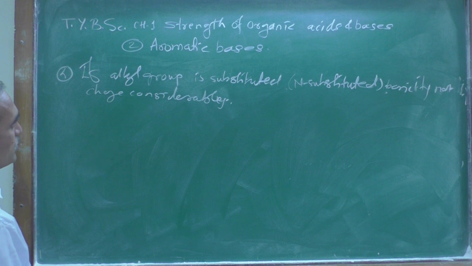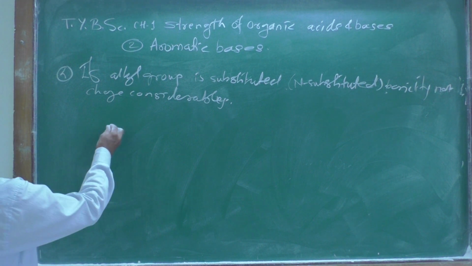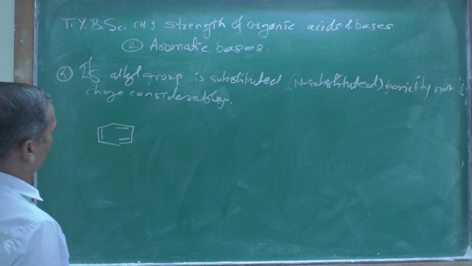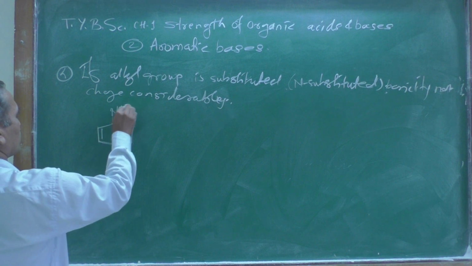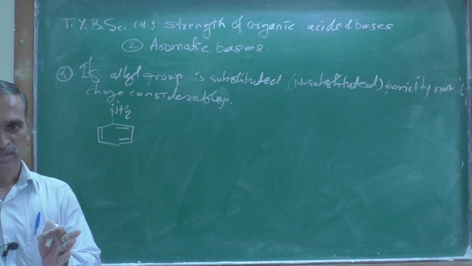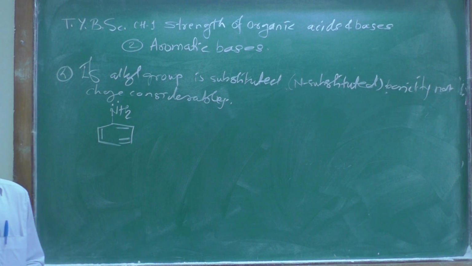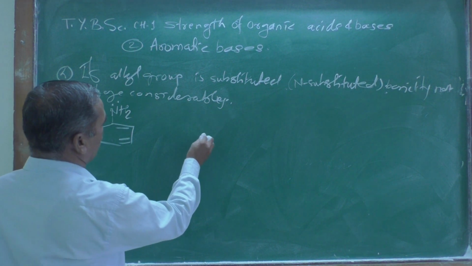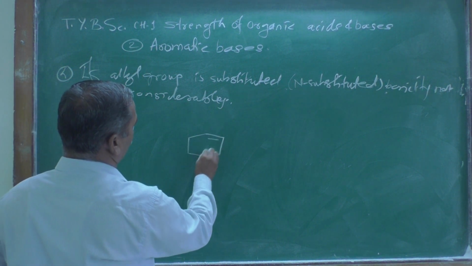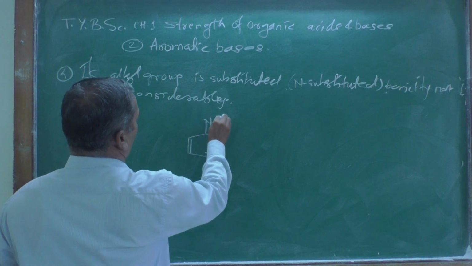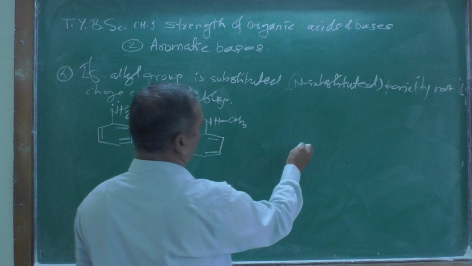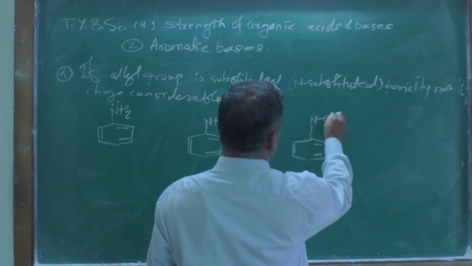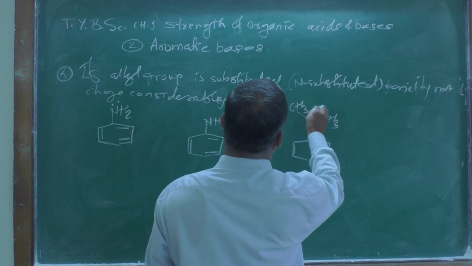Let us consider general aromatic amines. The first one is aniline. You are all T.Y.B.Sc students, so you know the structure of aniline, right? This is the structure of aniline. Now I am substituting the nitrogen atom by one methyl group, and in another one, N with CH3 and CH3.